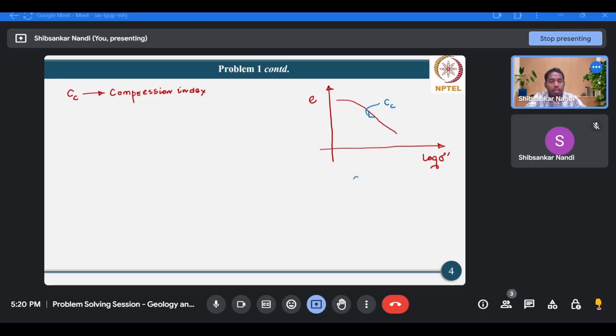So CC, if you can see, it will obviously be delta E divided by log of... suppose consider a change in, suppose this is your delta E due to the change in pressure delta sigma.